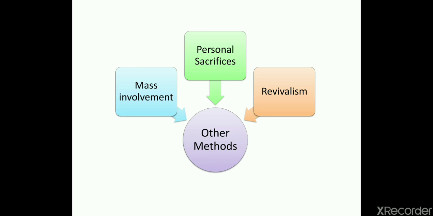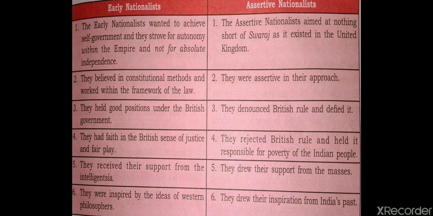Now we are going to study the comparison between the early nationalists and the assertive nationalists. Children, this is important. This question is frequently asked in short answers and even in structured questions also. So pay attention and listen carefully. The early nationalists wanted to achieve self-government, and they strove for autonomy within the empire and not for absolute independence.